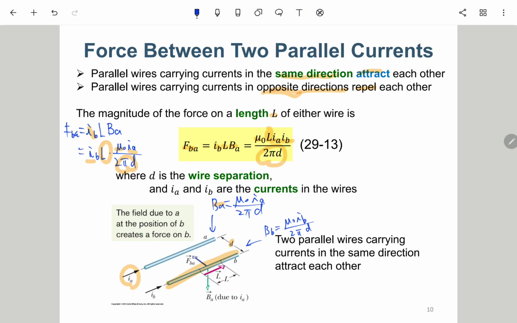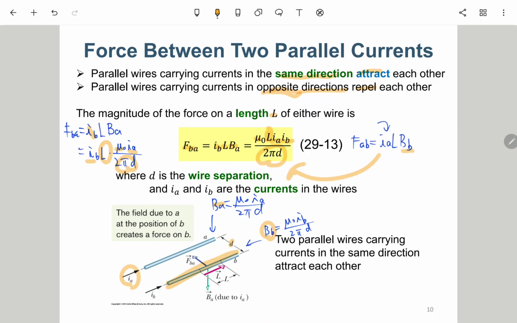So if you also calculate FAB, which is IA L BB, this is the force acting on current A, but the B field is generated by current B. Putting it together, finally it will be the same force.